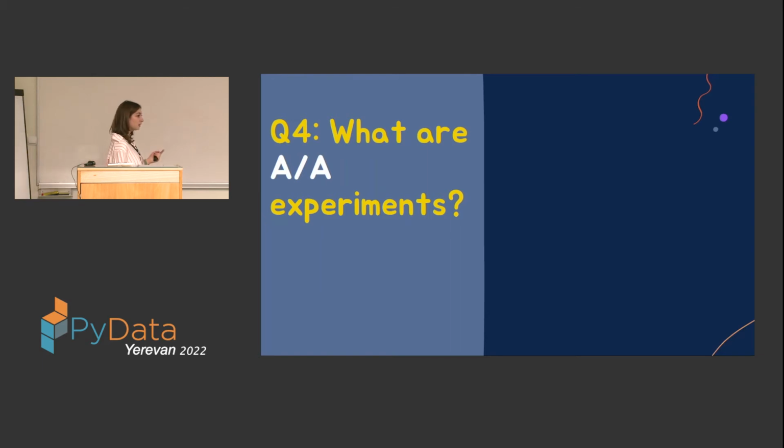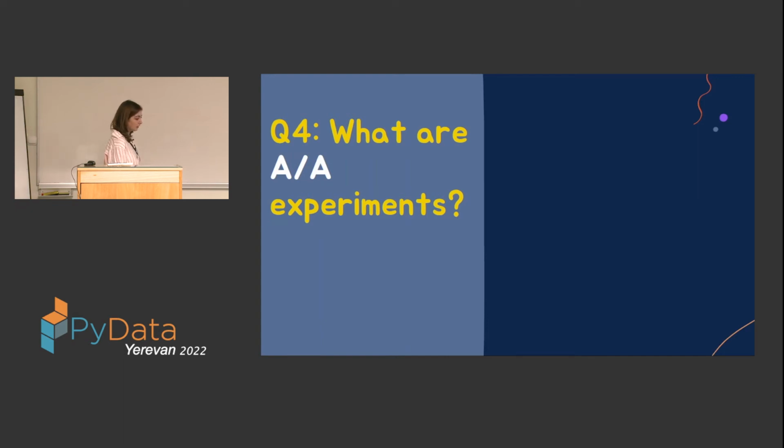Maybe you have a bug. So running AA experimentation will help you understand whether your technical setup is working, and then you do A/B experimentation on top of it. This will help you eliminate the technical difficulties and bugs on that side.